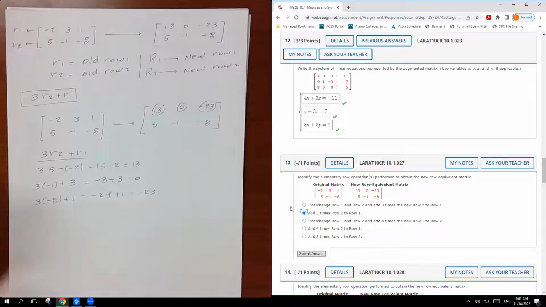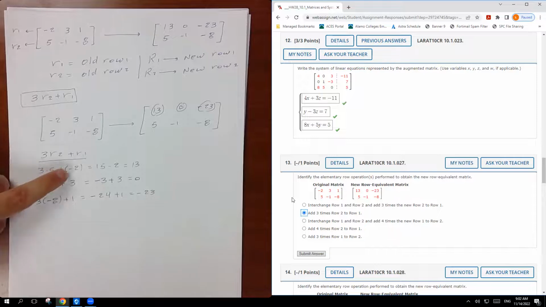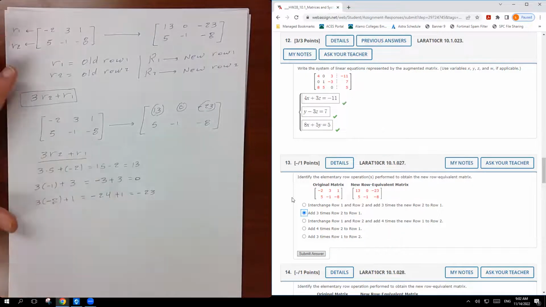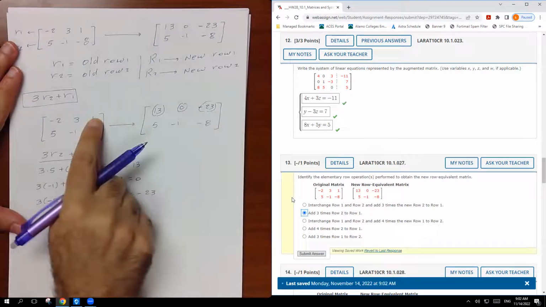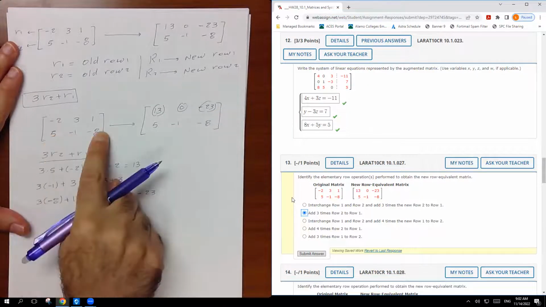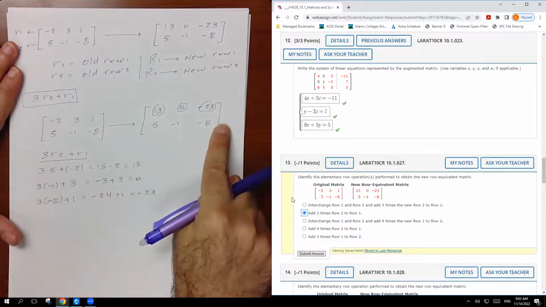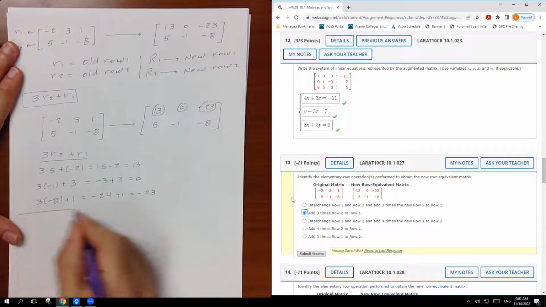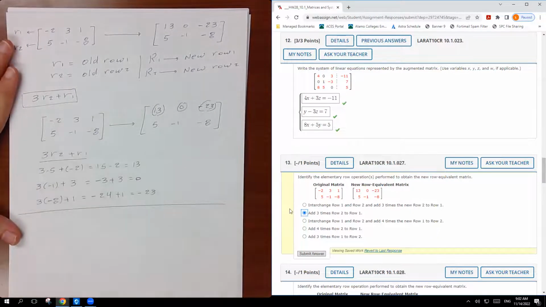If you multiply 3 times R2 and add it to R1, the first row is going to change to this row. I mean, this matrix is equivalent to this one. If you do the same thing with the third option, the fourth option, the fifth one, you're not going to get the new matrix.